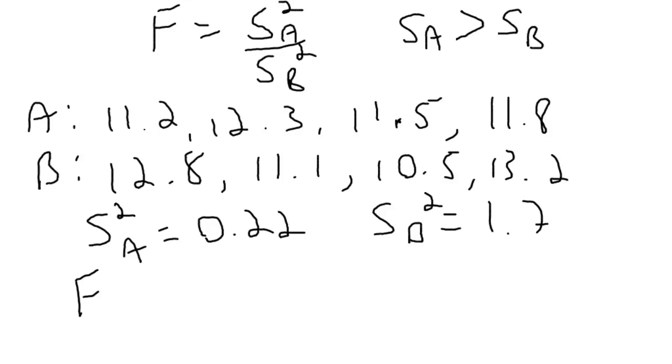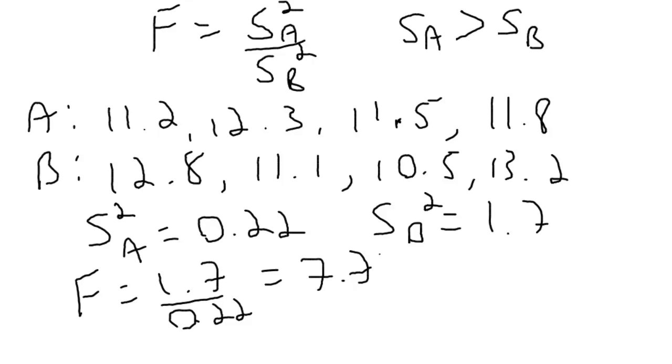So to get F, we just divide the bigger number by the smaller number. So it's 1.7 divided by 0.22, and it gives us an answer of 7.73. Now, this is the experimental value.